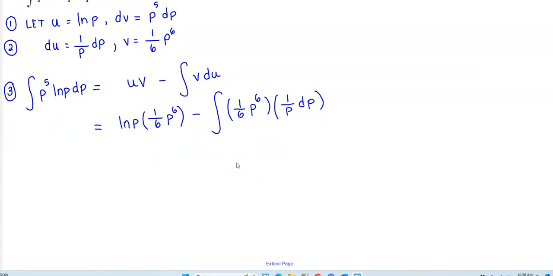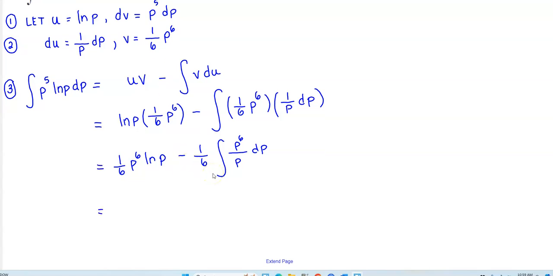So now let's go ahead and simplify this a little further. So we have 1/6 p to the sixth times the natural log of p. We're going to factor out the constant, which is 1/6, so that's minus 1/6. And we have p to the sixth over p, and that's dp.